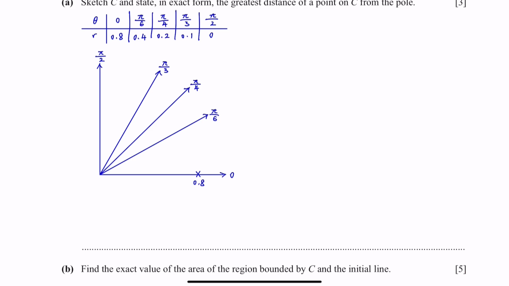Pi over 6, r would be 0.4, which is half of 0.8. I'm just going to put it here, let's say 0.4. And for theta equals pi over 4, it's 0.2, which is half of 0.4, so I just put it here, 0.2. And for pi over 3, it's 0.1, which is even shorter. And for pi over 2, it's 0, it's just here.